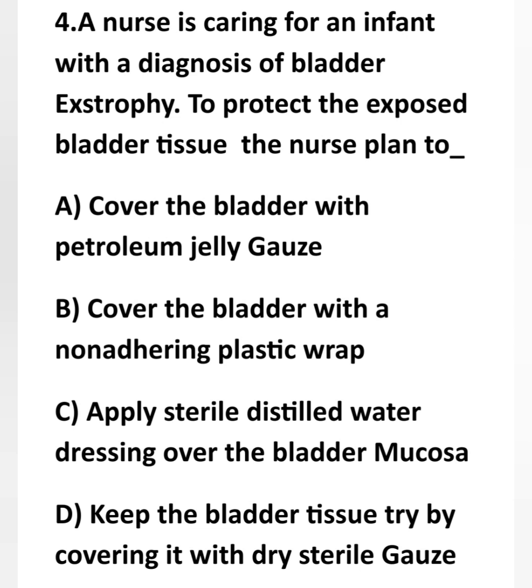This is the question and options. Here the infant is diagnosed with bladder exstrophy, so we have to know what bladder exstrophy is, and as a nurse, what the plan of action is to protect the exposed bladder. Bladder exstrophy is a congenital anomaly characterized by extrusion of the urinary bladder to the outside of the body through a defect in the lower abdominal wall.